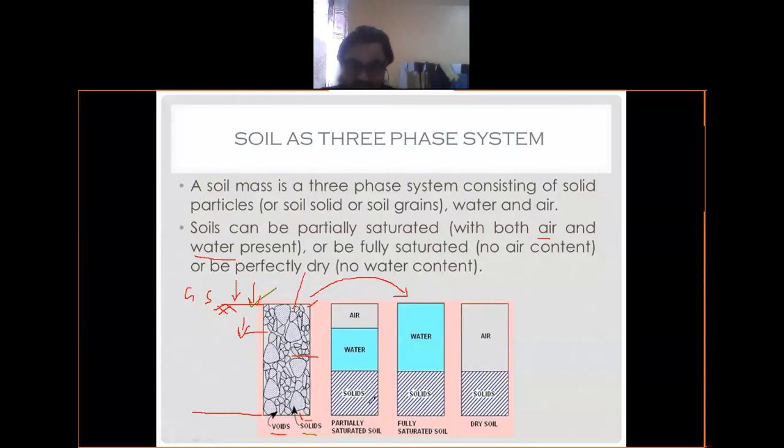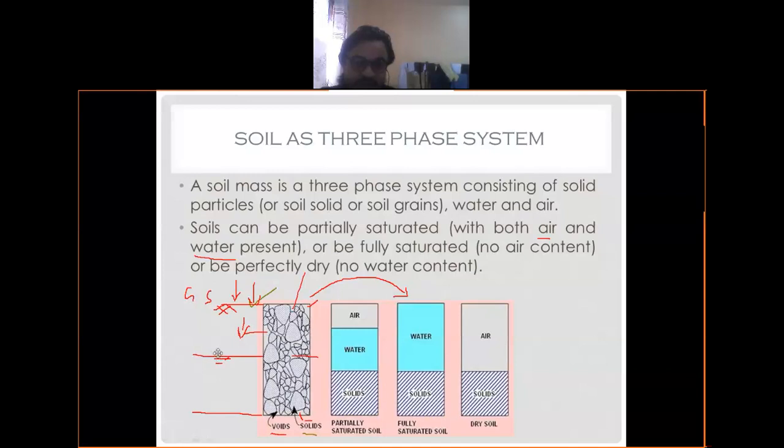Soil solid we put at the bottom. Then above the soil solid, we put whatever amount of water there is, and then air. Now suppose for a very small time interval, water came, just for example, and only up to this depth.